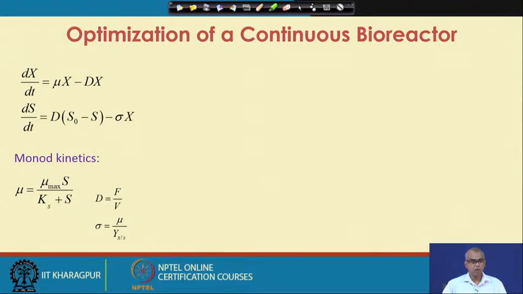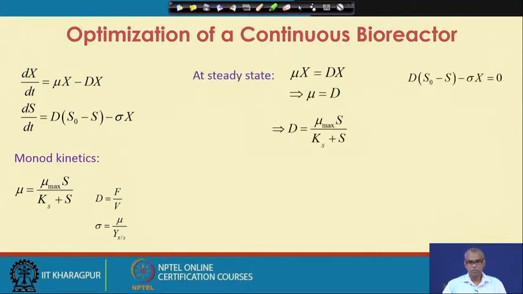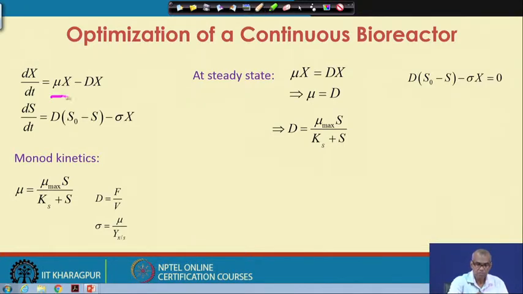So, these are the modeling equations. Now, at steady state dx dt equal to 0, ds dt equal to 0. So, we get mu equal to D, dilution rate equal to the growth rate.